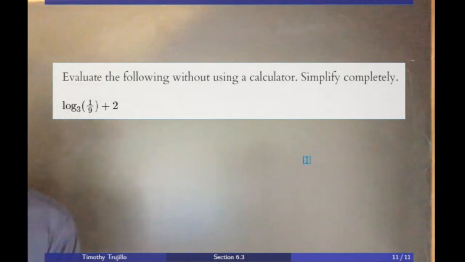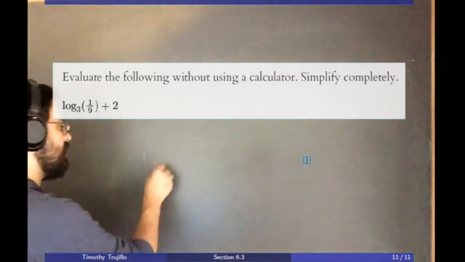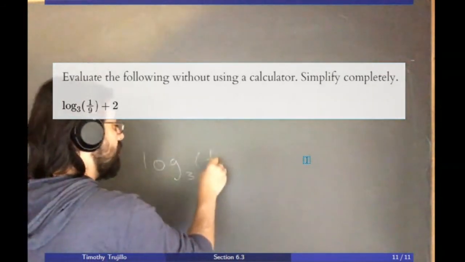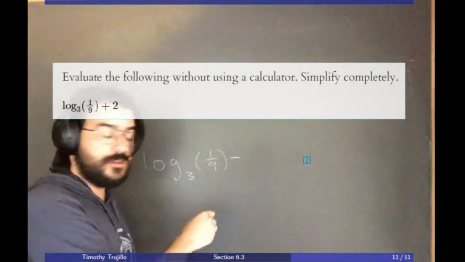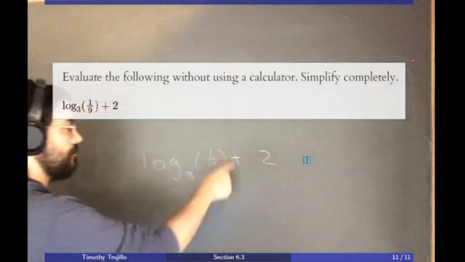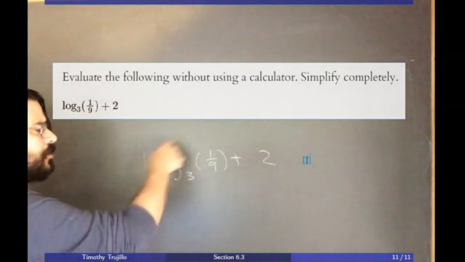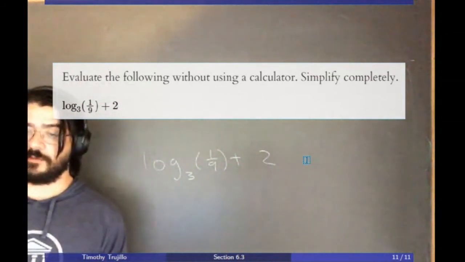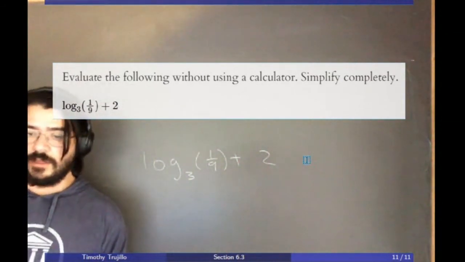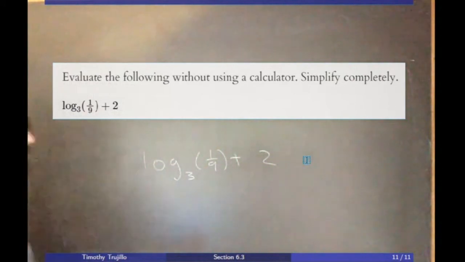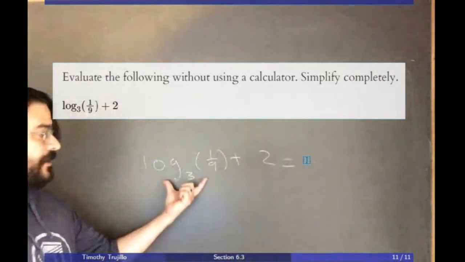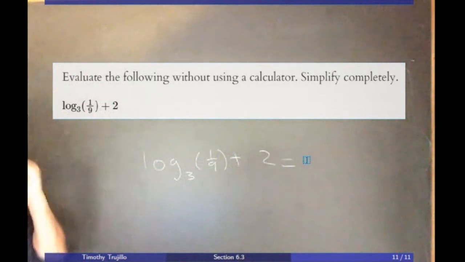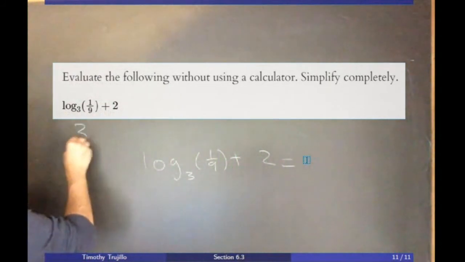Okay, so here we're looking to evaluate a function, and in this case, we don't know the actual output. So what we have to do is try to think about what the corresponding exponential form of this function would be in order to determine what the output would be, okay? And again, we're going to try and evaluate this logarithmic function. And just as a reminder, the base would be 3.